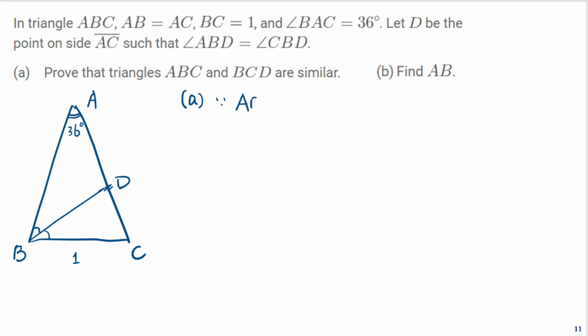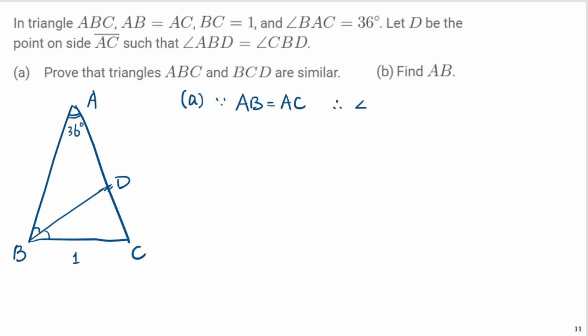Okay, let's say because we know AB equals AC, you want to prove the smaller triangle here is similar to the larger triangle ABC, right? It seems that they already share this angle here. So if you can prove this angle is 36 degrees here, then these two triangles are of course similar, right?